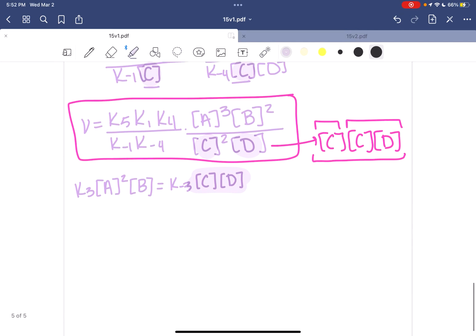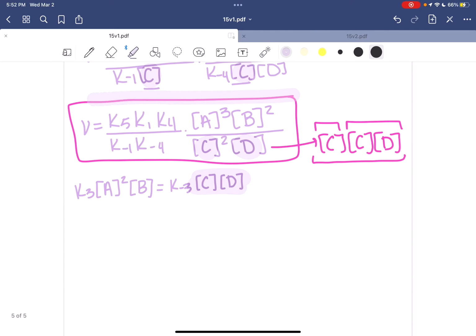And then we're going to substitute it in to our updated rate law expression that's up here. So this one is a little bit more simple than isolating F divided by G, because all we have to do to isolate C times D is divide, whoops, still in my highlighter form. We just divide both sides of the equation by K minus 3.